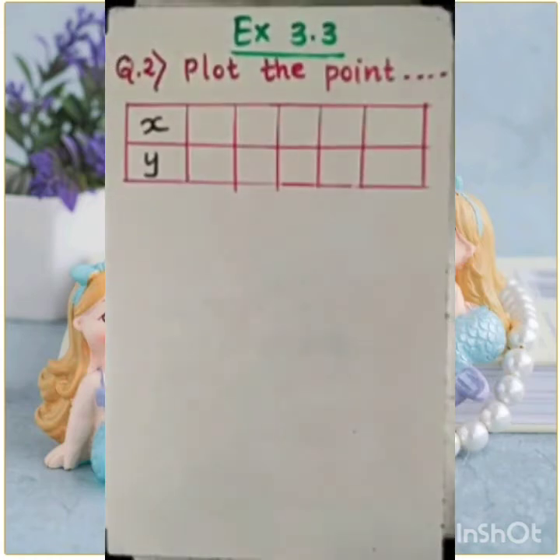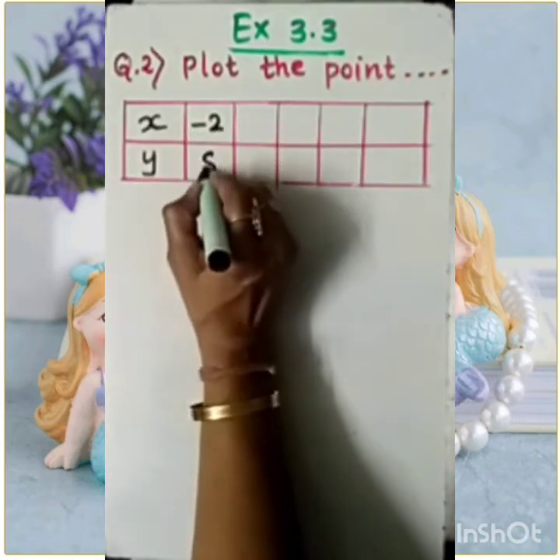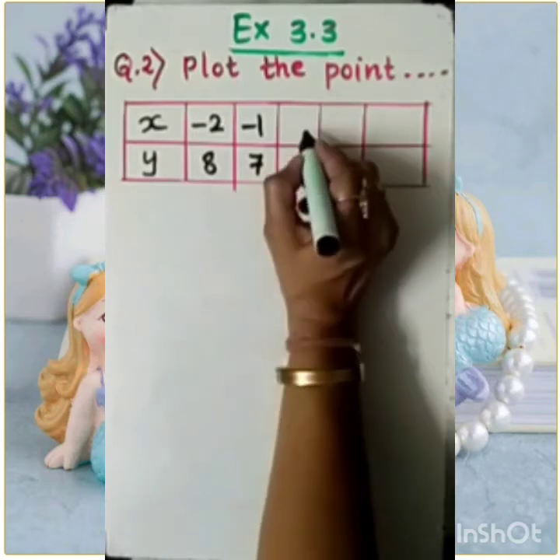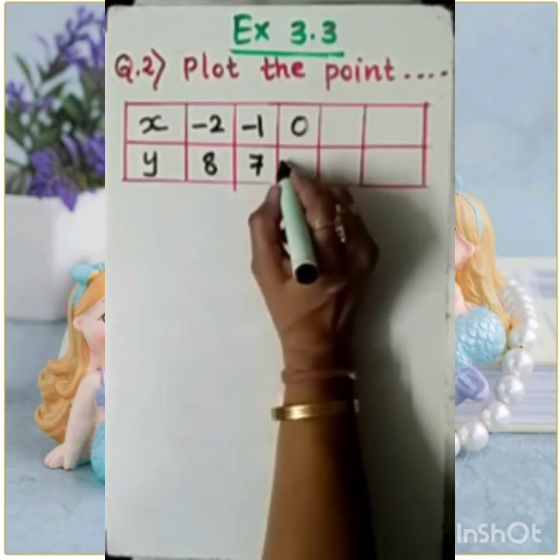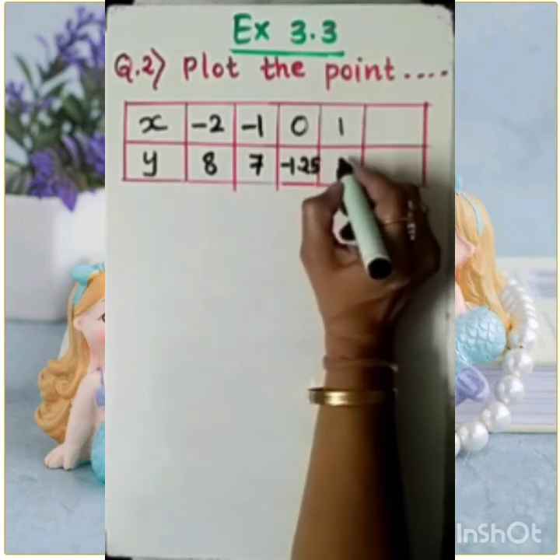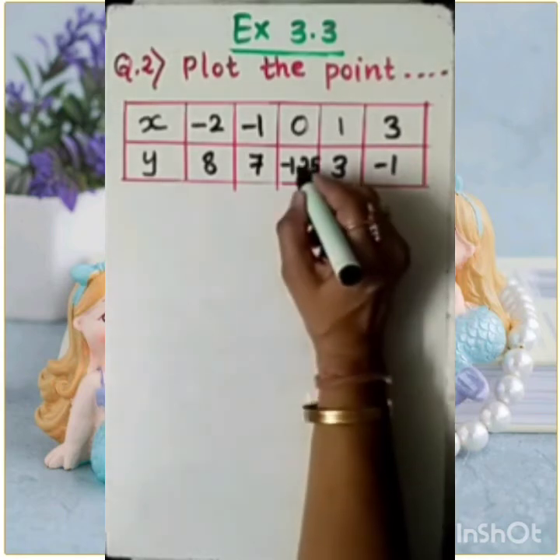The x coordinates given are first -2, then -1, 0, 1, and 3, and the y coordinates are 8, 7, -1.25, 3 and -1.